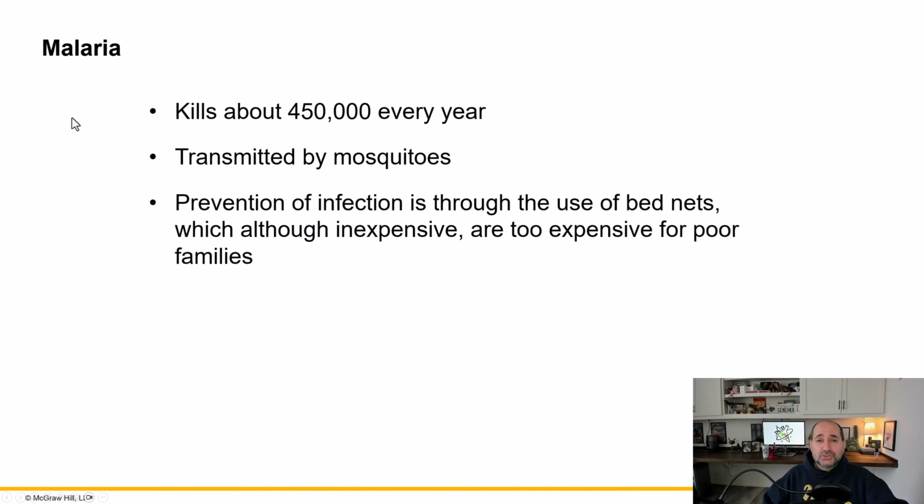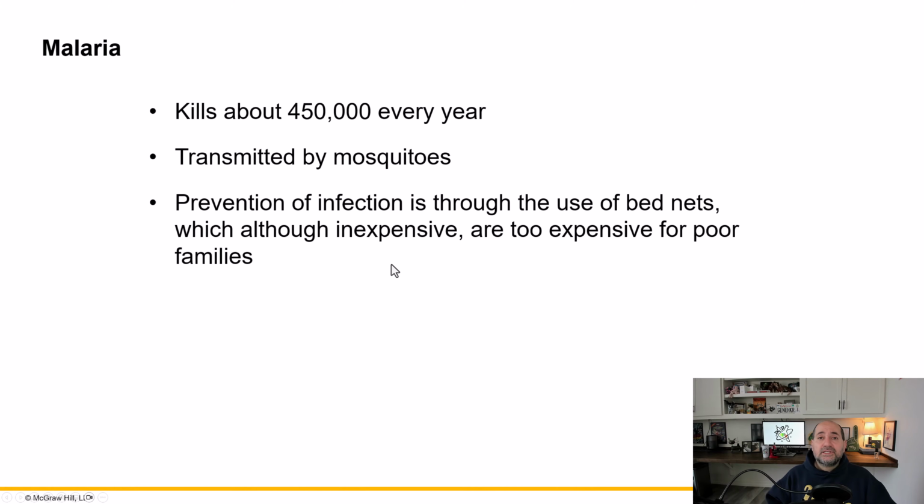Now, a major example of a communicable disease that kills about 500,000 people every year is malaria, which is spread by mosquitoes and caused by a protozoan. This is, again, a mosquito-spread disease, and the microorganism gets into your blood and causes serious illness. A lot of bed nets are used to prevent these mosquito bites.